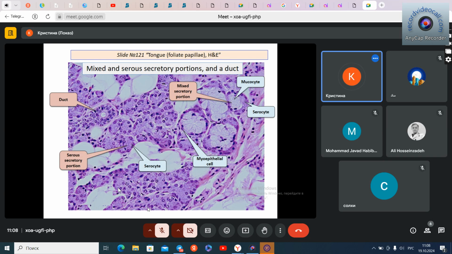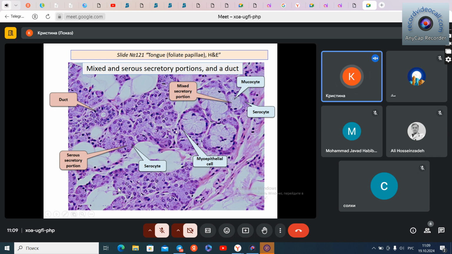In this picture we can see both mixed and serous secretory portions and a duct. In the serous secretory portions we can see serocytes and myoepithelial cells.